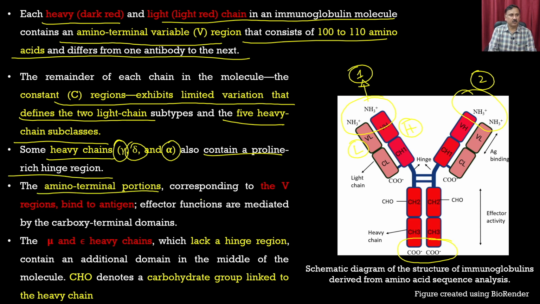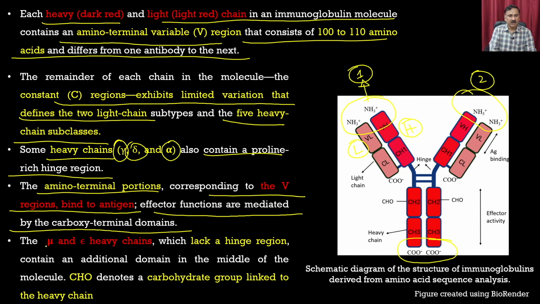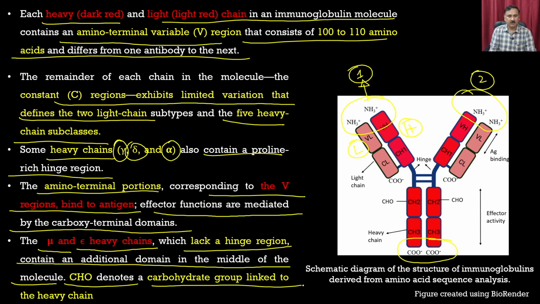The amino terminal portion, which corresponds to the V region, binds to the antigen. Effector functions are mediated by the carboxy terminal domain. The mu and the epsilon heavy chains, which lack a hinge region, contain an additional domain in the middle of the molecule, called CHO, defined as a carbohydrate linked to the heavy chain, right?